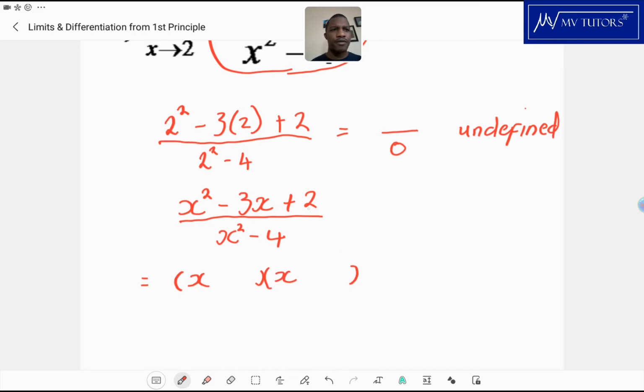Now I'm looking for multiples of 2 that when you add them up give you minus 3. If I put minus 2 and minus 1, when I multiply them it gives me positive 2, and when I add them it gives me minus 3.